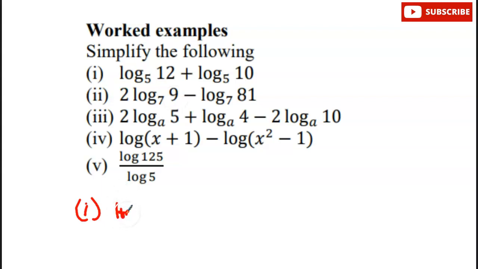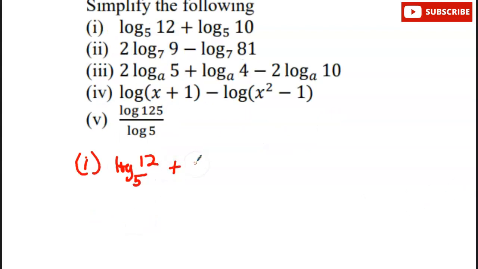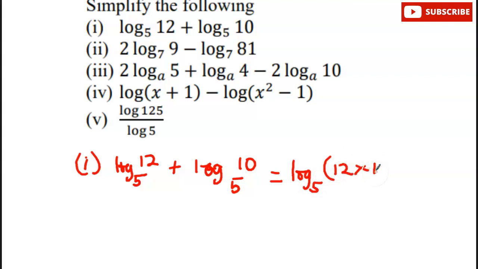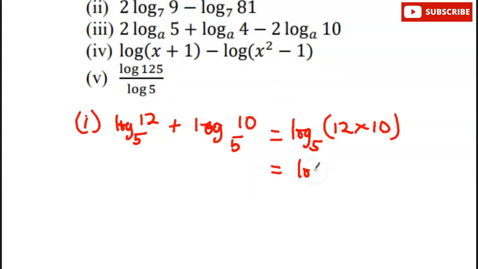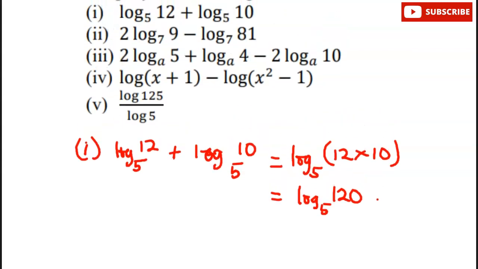So log 12 to the base 5 plus log 10 to the base 5 will be the same as log to the base 5 of 12 times 10, and this is the same as log to the base 5 of 120. At this point we can't do anything about it, so we need to let it be.